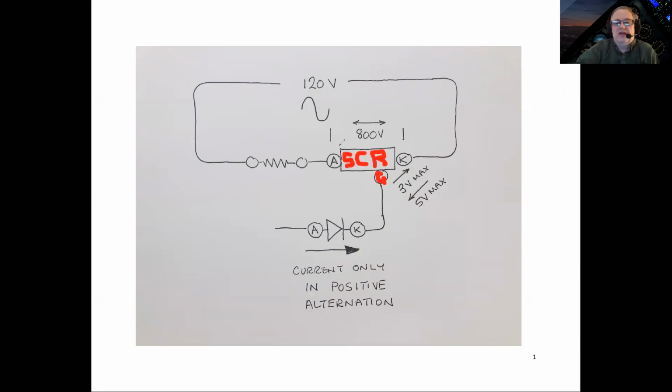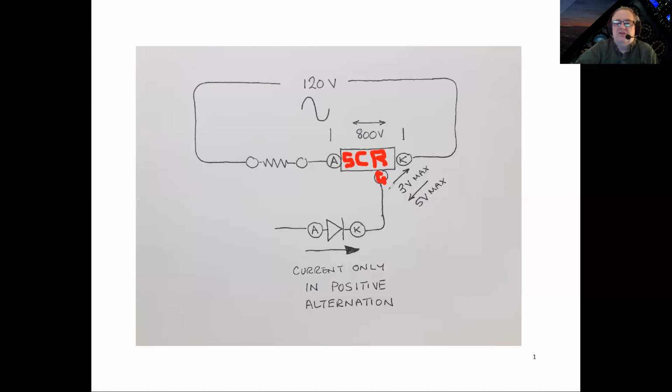The anode to cathode through that SCR, depending on the voltage rating of that particular component, can easily be in the hundreds of volts. In this one, 800 volts either way, forward or reverse blocking, no problem. But for the gate, the maximum reverse voltage is 5 volts. If you're using this in a 120 volt AC circuit and you did not prevent the current from flowing backwards from the cathode to the gate, see, the current always has to go from the gate to the cathode.